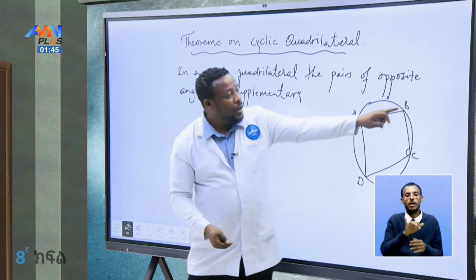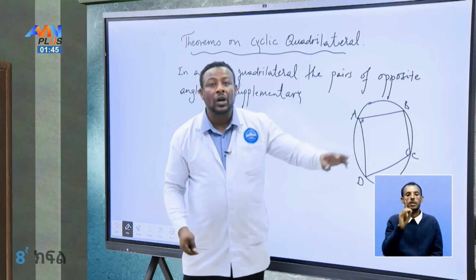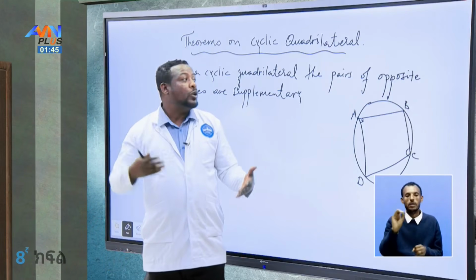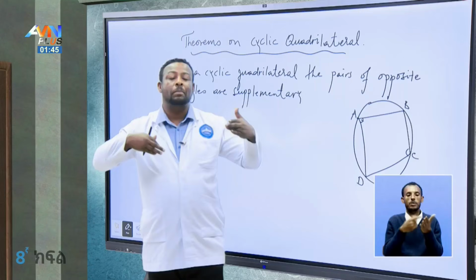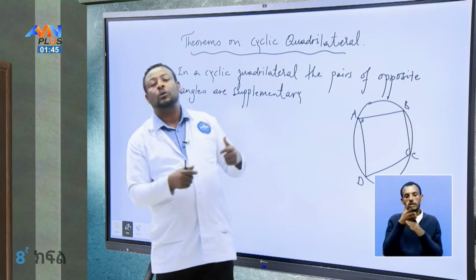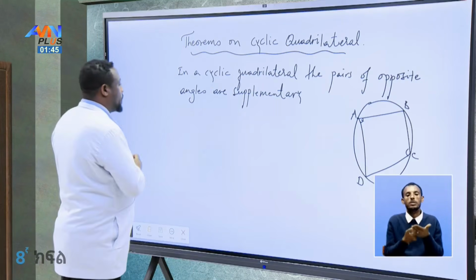Similarly, the opposite pair B and D is supplementary, or 180 degrees. I will show you how this theorem can be proved. Then afterwards, we will see problems related to cyclic quadrilateral.